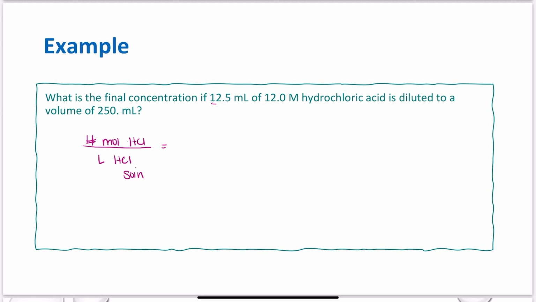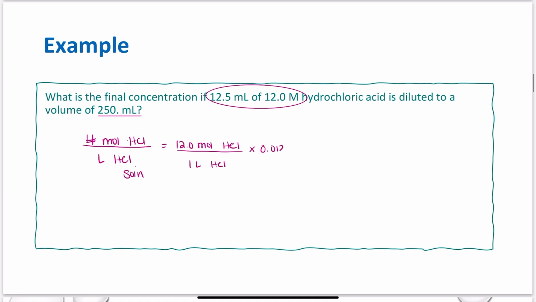So here it's telling me I took 12.5 mils of a 12 molar solution and diluted to 250 mils. My 12 molar solution means I have 12 moles of HCl for every 1 liter of HCl solution. And my 12.5 mils means I have 0.0125 liters of that HCl solution.